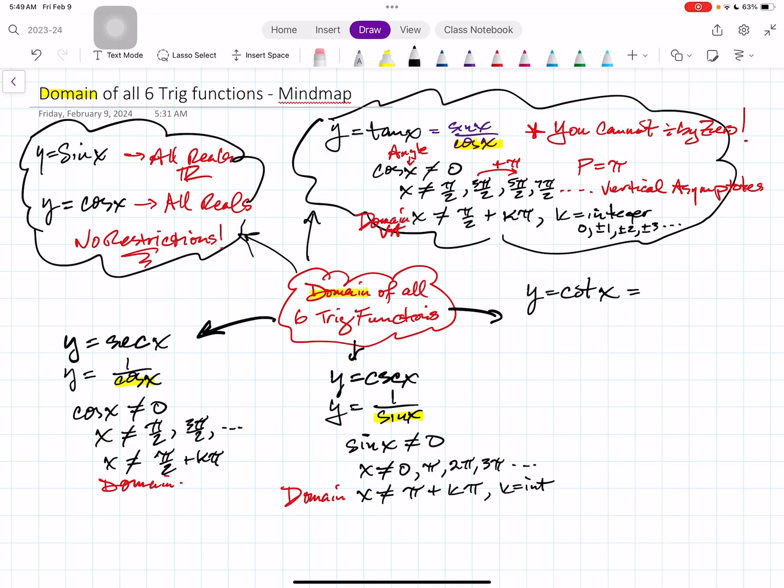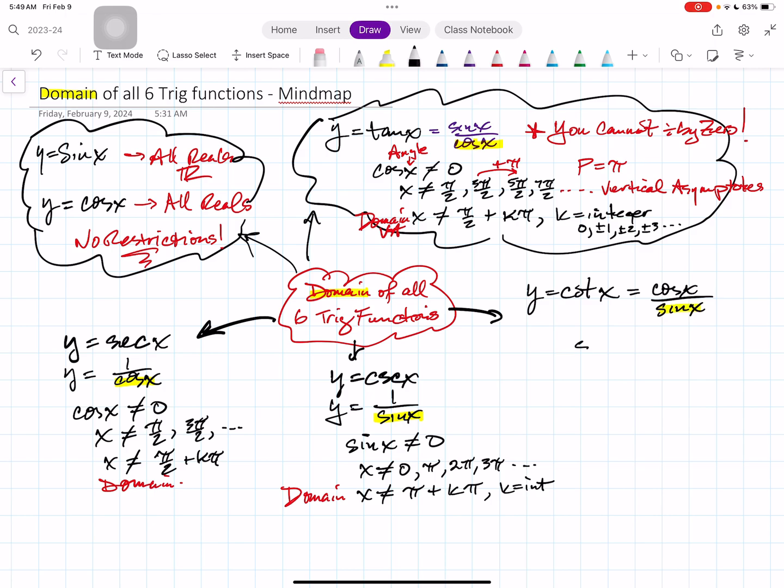Next one here. Well, tangent's defined to be sine over cosine, right? Well, cotangent's a reciprocal of tangent. So this one's cosine x divided by sine of x, because cotangent is a reciprocal of the tangent function. Okay, and as I just said earlier here, the denominator cannot be equal to 0, and guess what? That's sine x again.